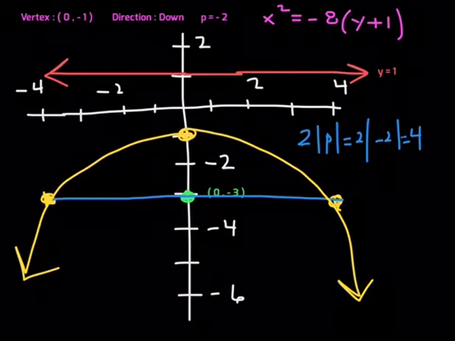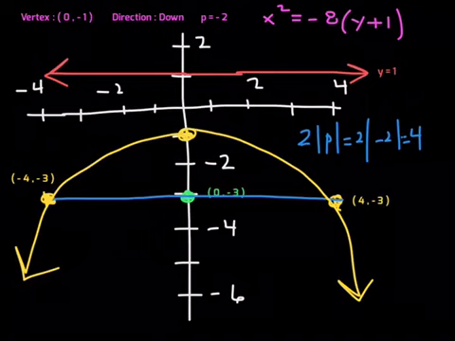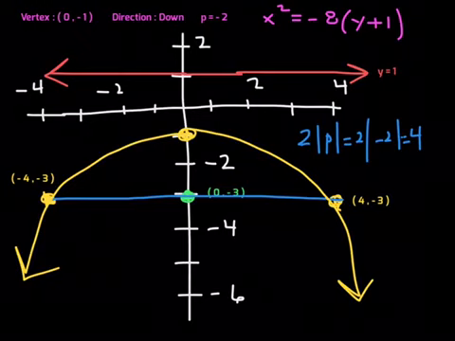Let me give you the coordinates for those 2 points we found. All right, you guys, there's the graph of our parabola opening downward with the directrix and the latus rectum even drawn, and the endpoints of the latus rectum, the focus, the vertex. It's all there for us. Pretty cool, no? All right, next example.